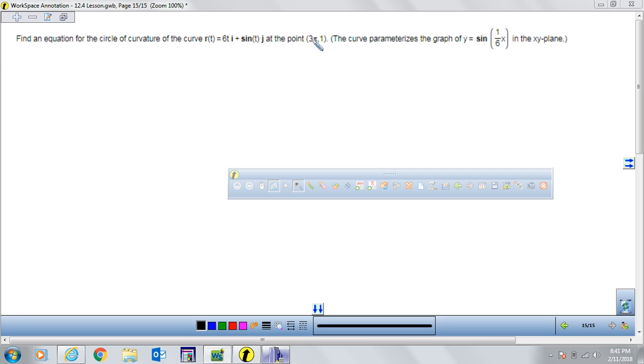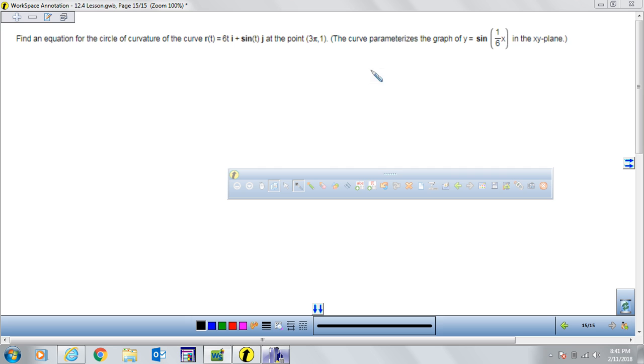We can use the 3 pi to find the t from the i component, because this is the x position, and the position is this function. This is the position function, right? We want to find the curvature at this point, so that's the position. So at 6t, the position of that component is 3 pi, or at sine t j, the position is going to be 1. That's my y component or my j component.